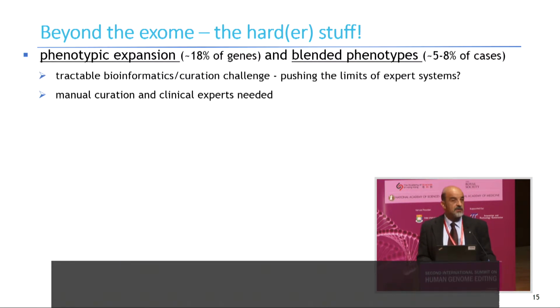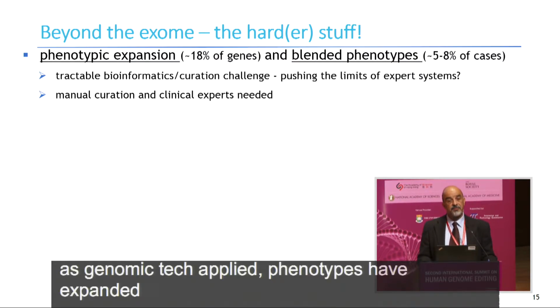The first is, as genomic technologies have been applied beyond the classical phenotypes that people are recognising, two things have been recognised. Firstly, that phenotypes in fact have expanded in terms of the range of phenotypes associated with mutations in particular genes, and current estimates are that maybe up to 1 in 5 genes are going to be subject to phenotypic expansion.